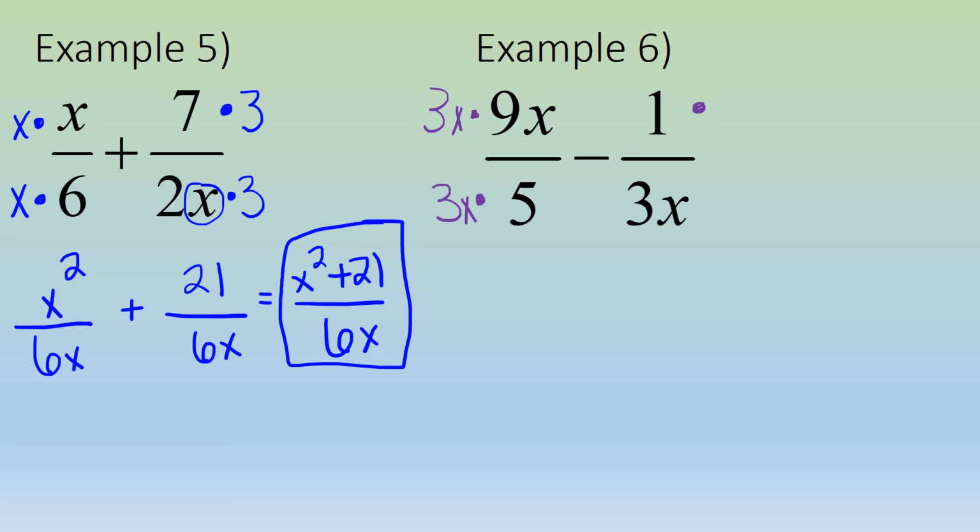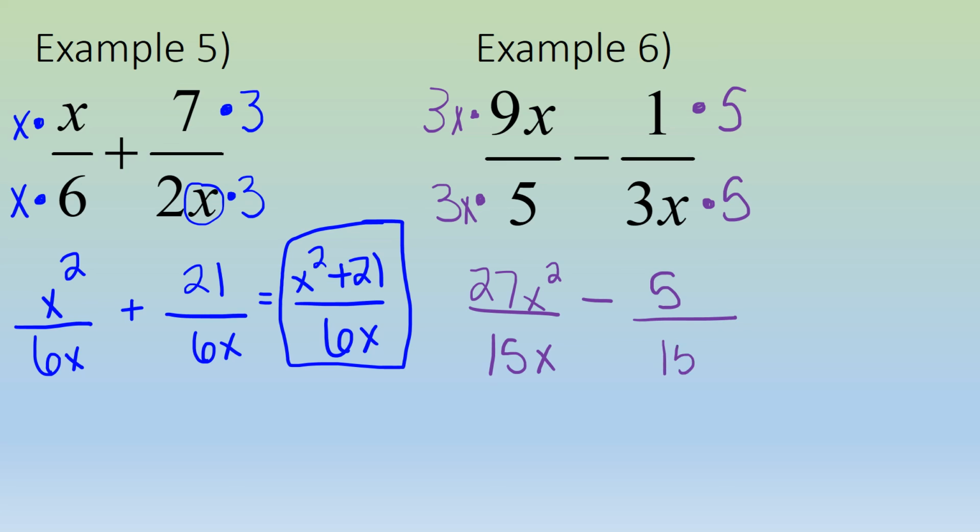And then on the right, we're going to have to multiply by 5 to get to that 15x as a common denominator. So 3x times 9x, 3 times 9 is 27. x times x is x squared. 3x times 5 will be 15x, all minus 1 times 5 is 5, all over 3x times 5 is 15x.